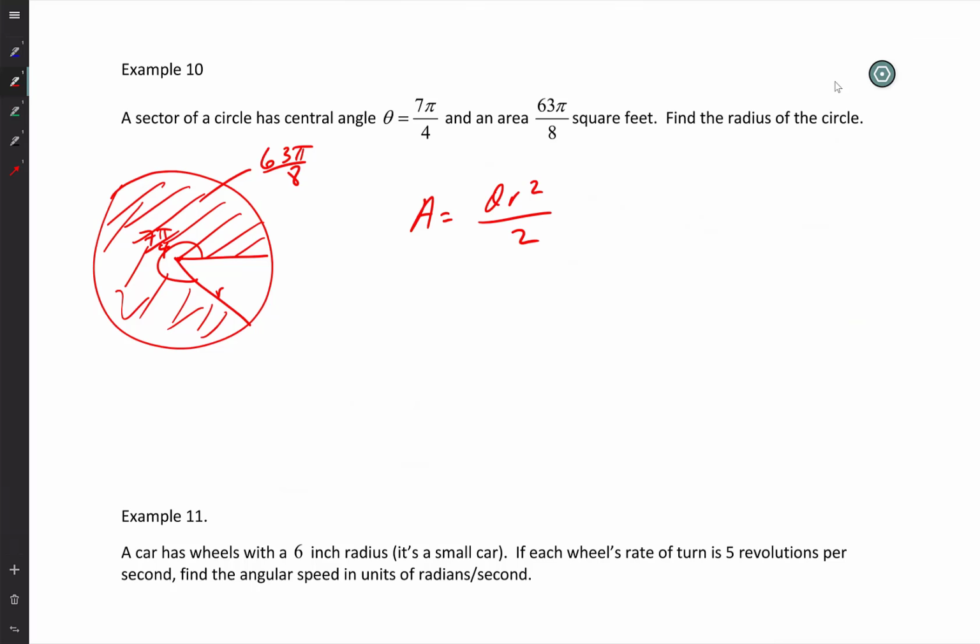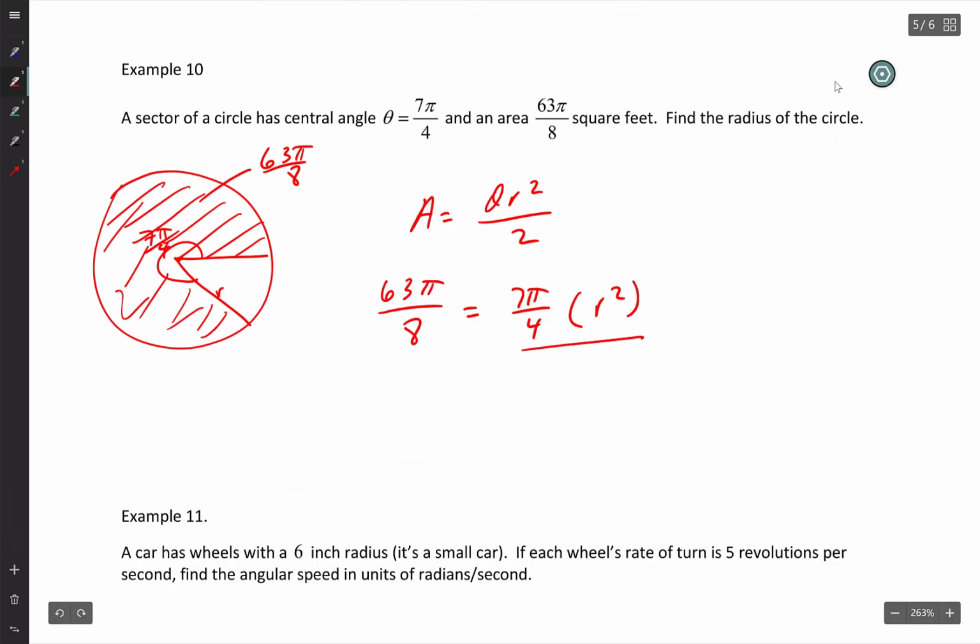So here we go, guys. 63 pi over 8 equals 7 pi over 4 times r squared, we don't know what that is, divided by 2. So we can do keep, change, flip if you want. This is like 2 over 1. So you can say 63 pi over 8 is equal to 7 pi over 8 r squared.